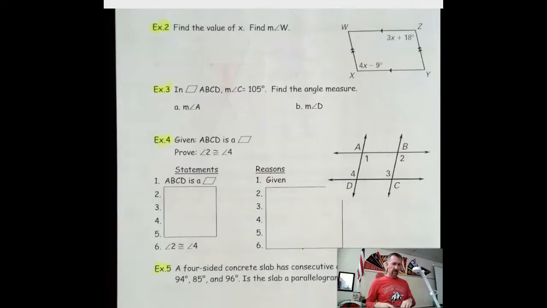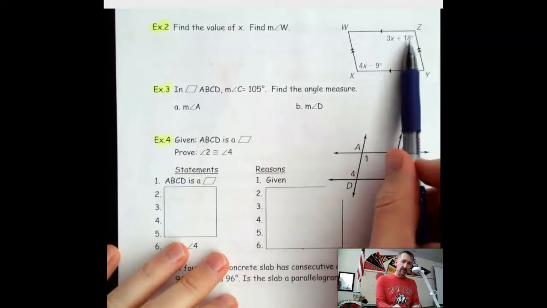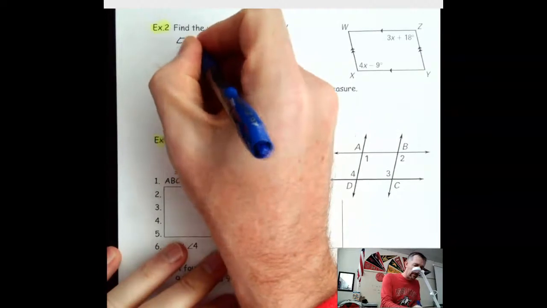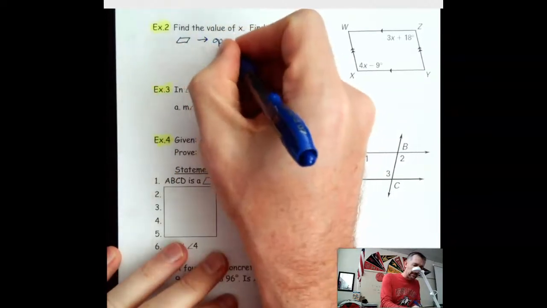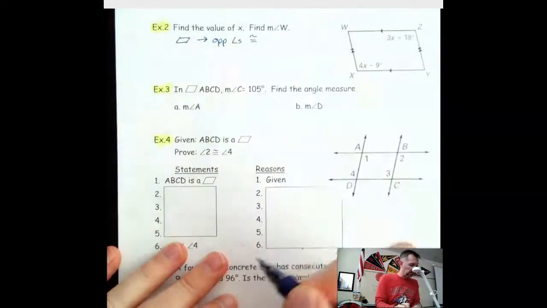So what do we have here? We want to find the measure of angle W. So if we look at that, we again see opposite sides are parallel, so we have a parallelogram. That means that opposite angles are congruent or have equal measures.